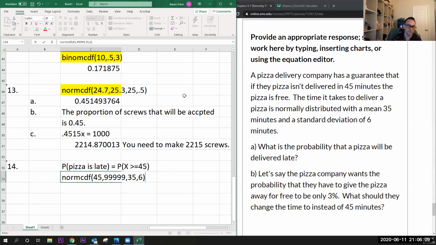That's it. 45 minutes or longer, so 45 and above, mean of 35, standard deviation of 6. That's all I would do for that one.